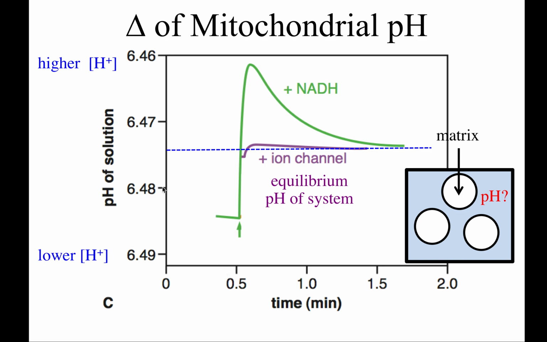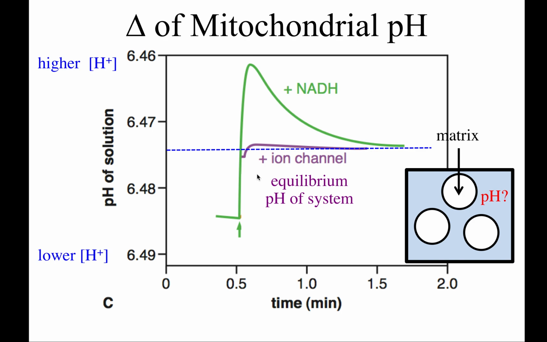So if you measure the pH of a mitochondrion, when you add the NADH, the pH goes down inside the innermost compartment of the mitochondrion. Okay, pH is the negative log of the hydrogen ion concentration.